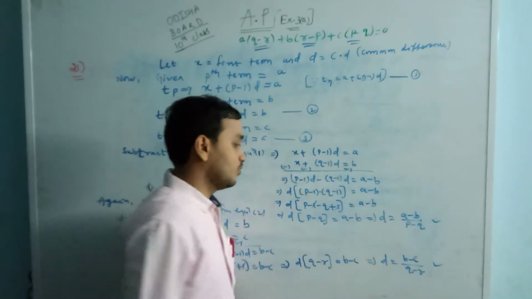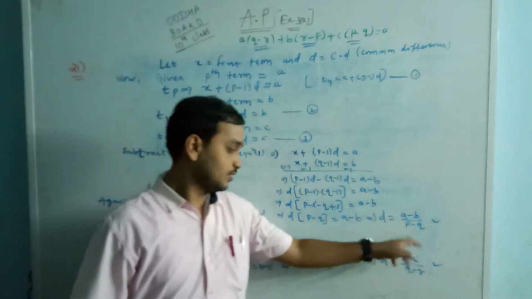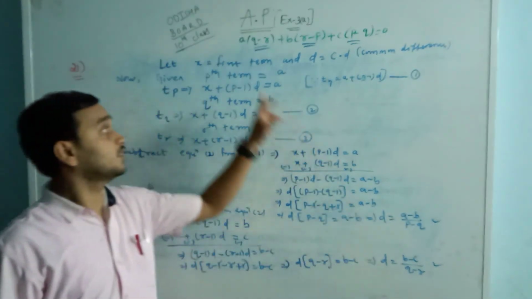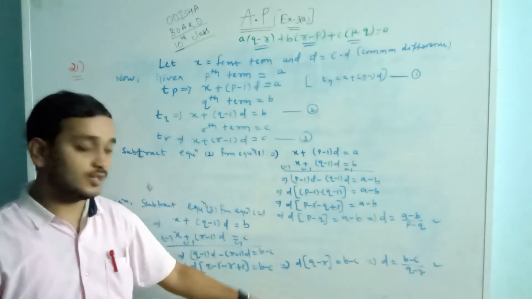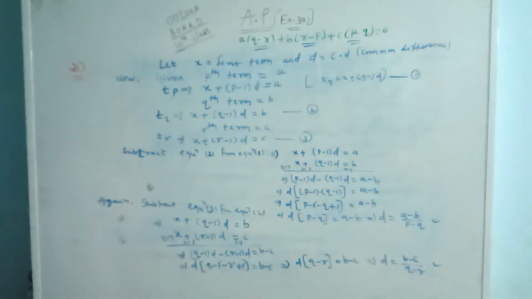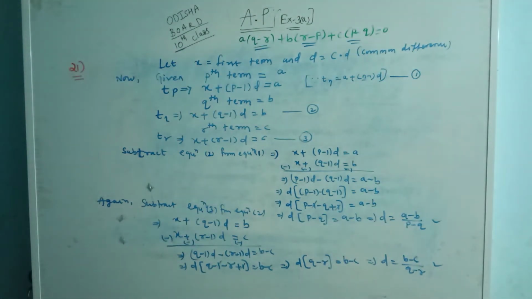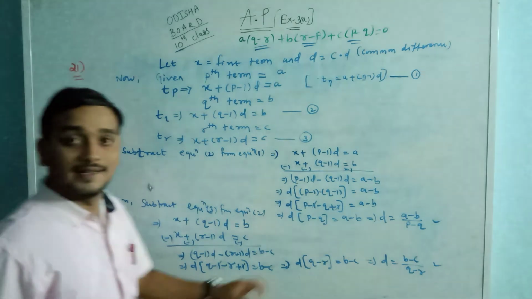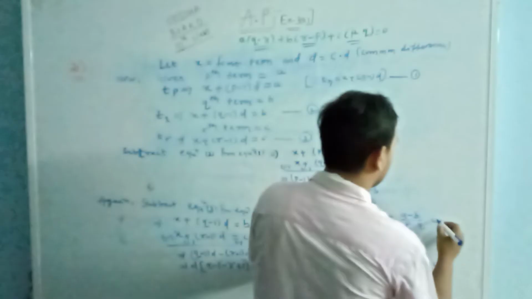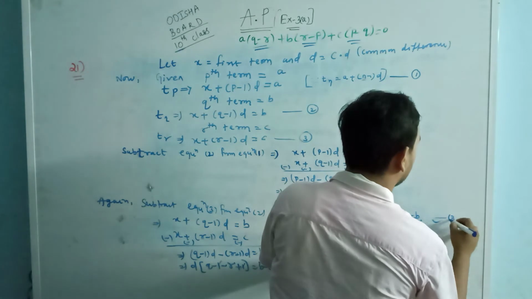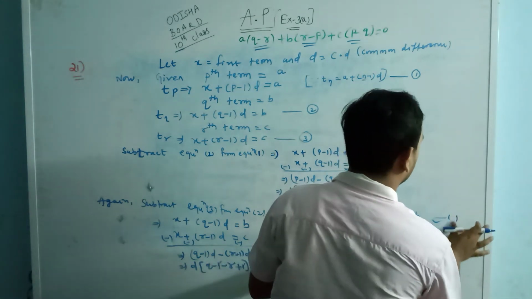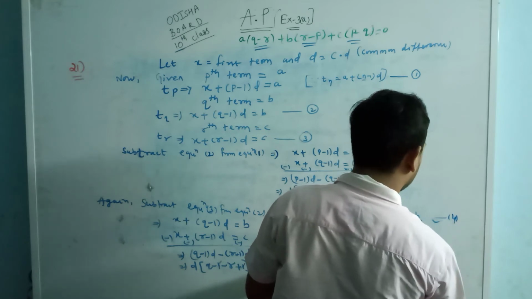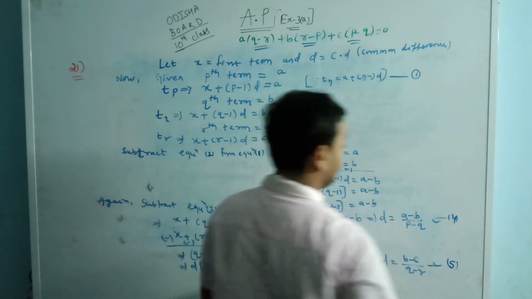Now to equate this, we will get this sum. First write it down, again we have to erase it and do the remaining sum. See, this is equation 4 and this is equation 5.